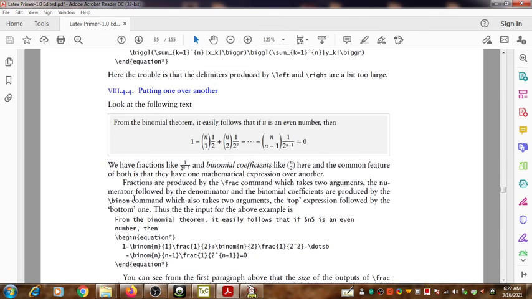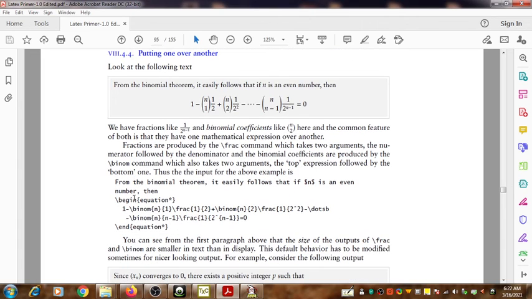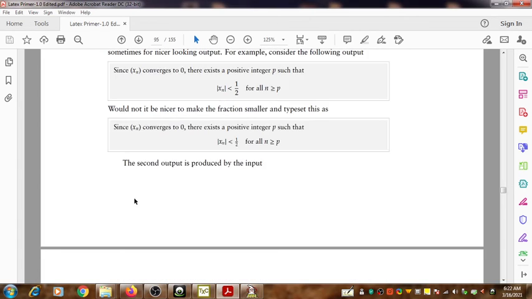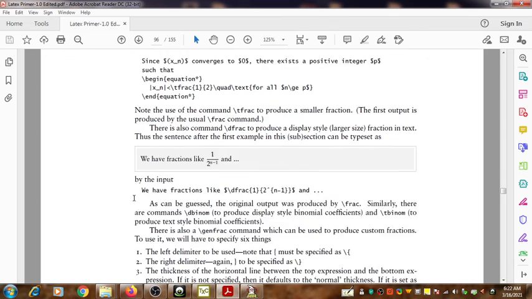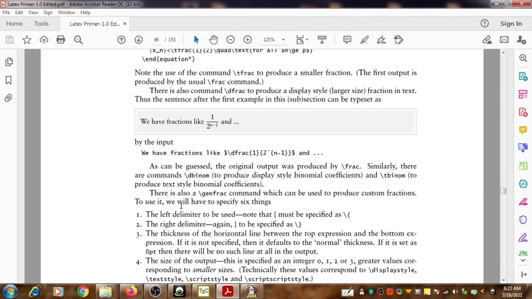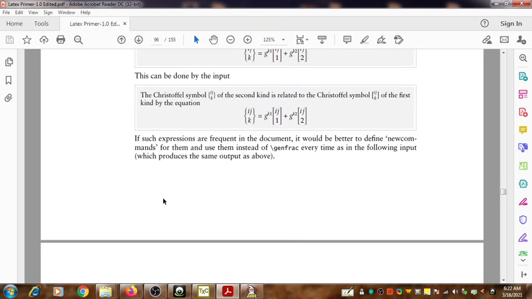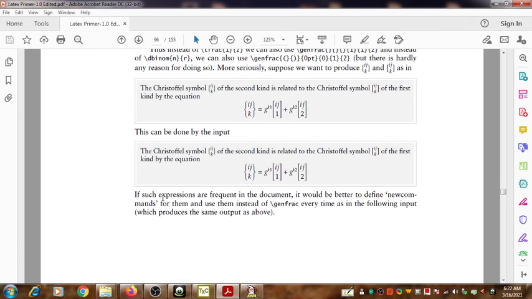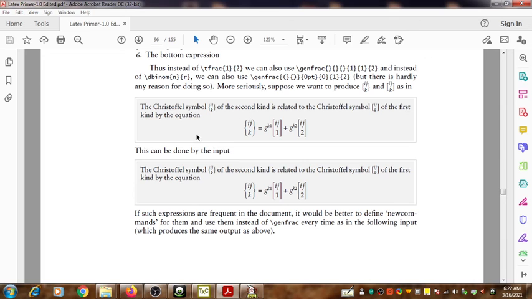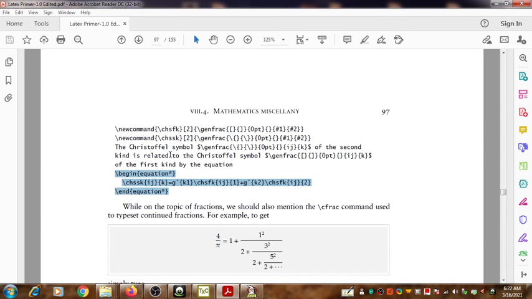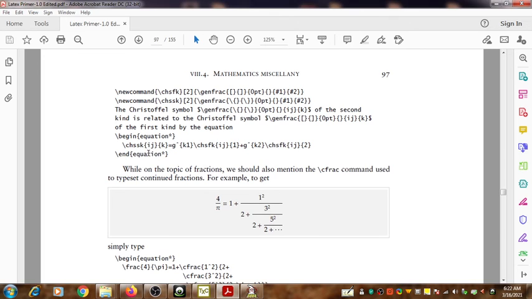Yeah, okay, we have to check the source code once again. Yeah, the source code, you can see these are okay.